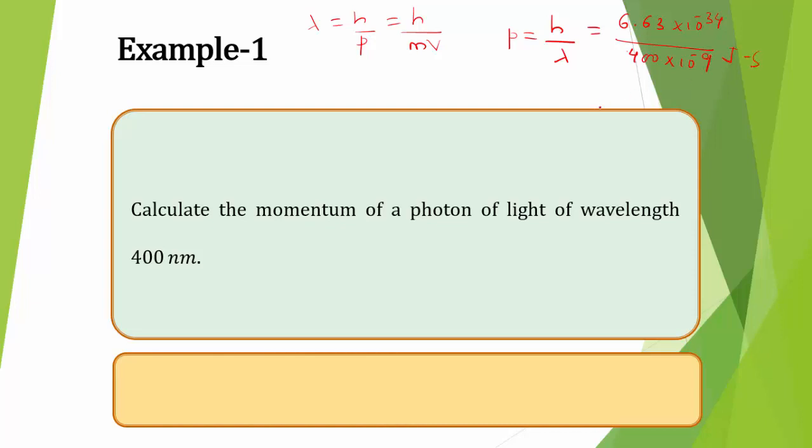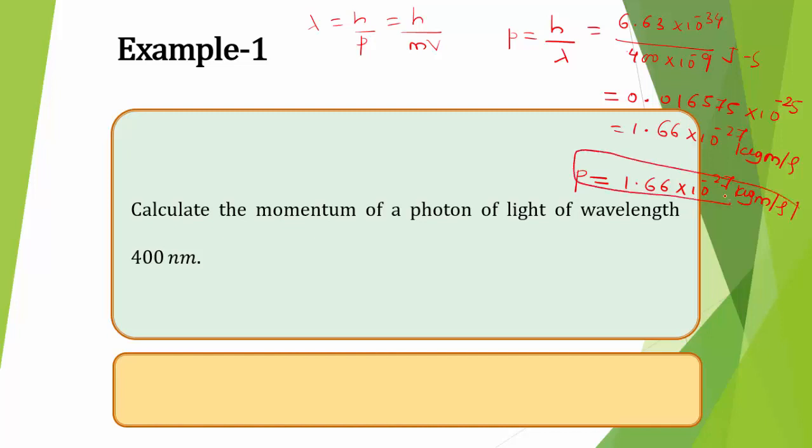When you divide 6.63 by 400, you get 0.016575 into 10 to the power of minus 34 plus 9, that is 10 to the power of minus 25, or can be written as 1.66 into 10 to the power of minus 27 kg meter per second. The momentum of this 400 nanometer wavelength photon is p is equal to 1.66 into 10 to the power of minus 27 kg meter per second.